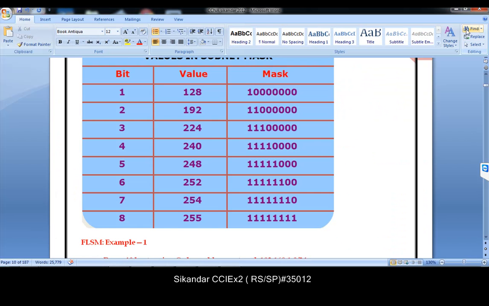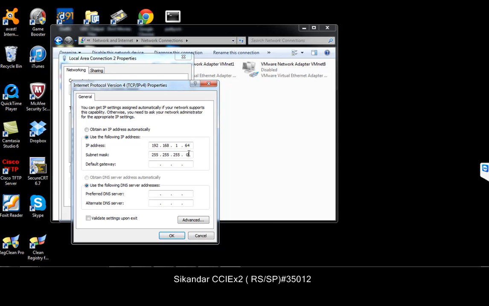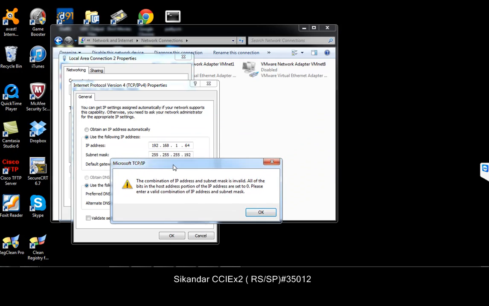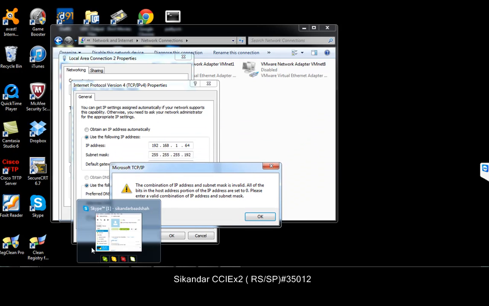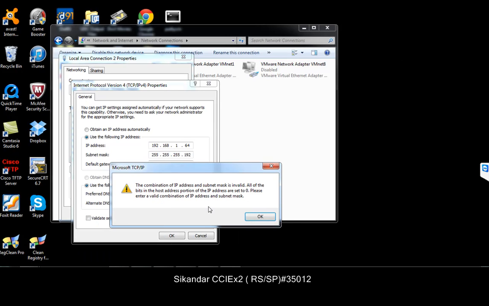So now I'm going to use the same device, and this time I'm going to change the subnet mask to 255.255.255.192. So now the question is, will it accept or reject? You can see it is simply rejecting the command, saying that the combination of IP address and subnet mask is invalid because all the host portions of the bits are set to 0. 0 means it's the network ID. So when you say 0, it is the network ID.